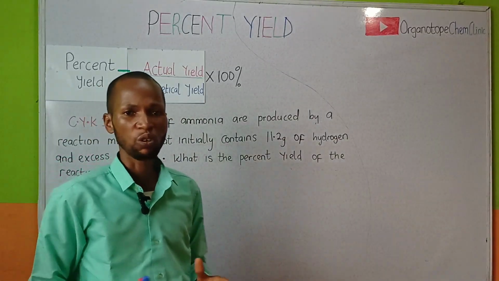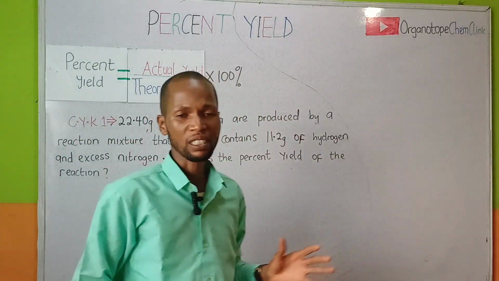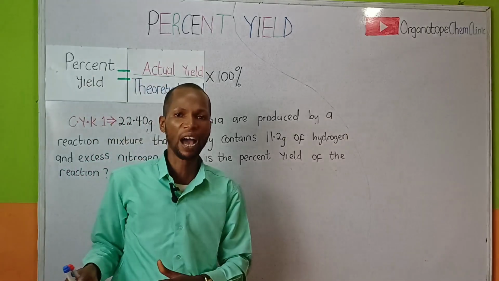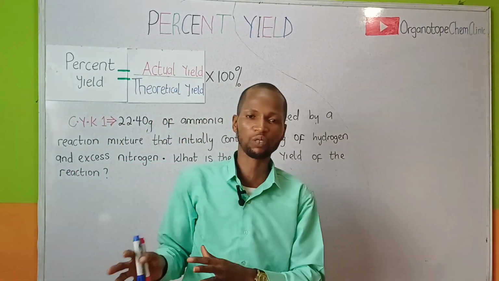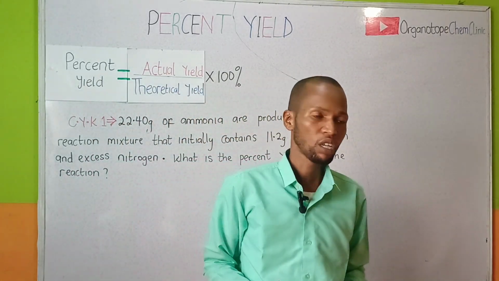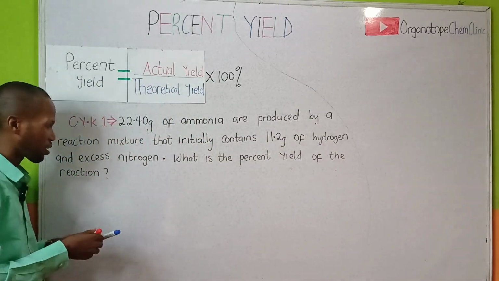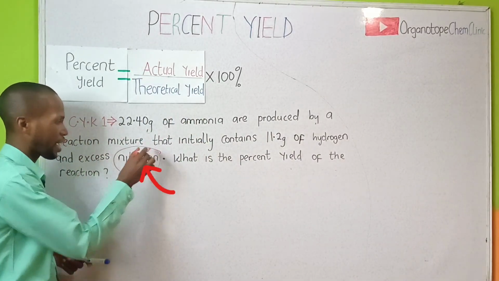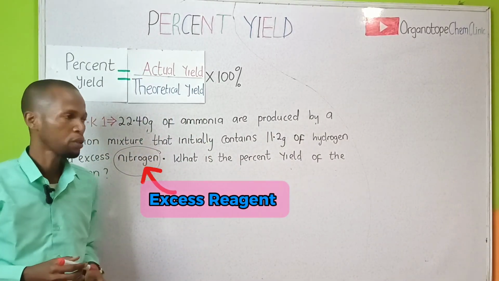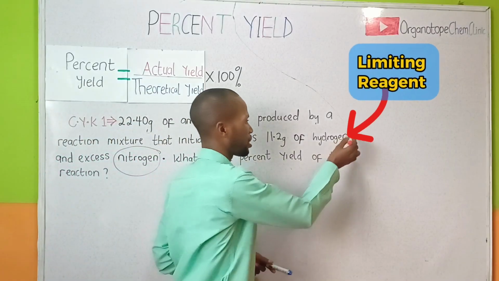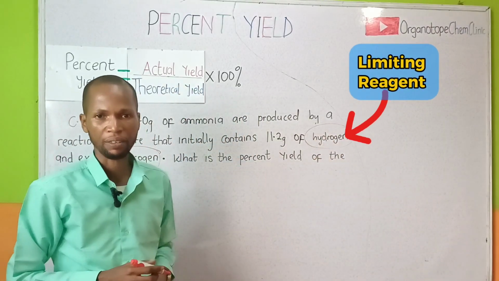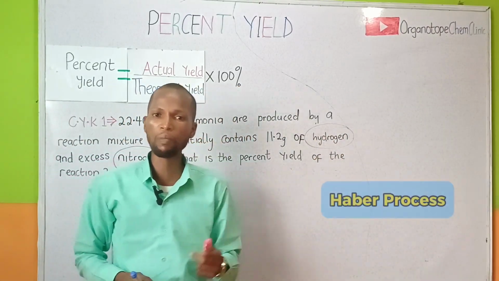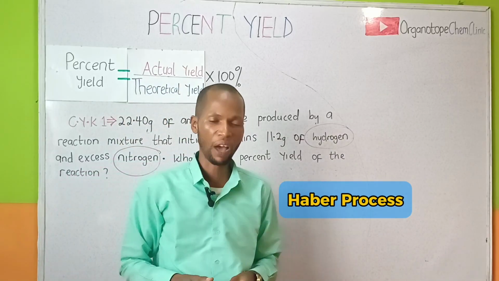The first thing we need to understand is, in this kind of reaction, we need to identify the excess reagent as well as the limiting reagent. The excess reagent in this reaction is nitrogen gas, while the limiting reagent is the hydrogen molecule. This reaction is the Haber process, that is the production of ammonia.